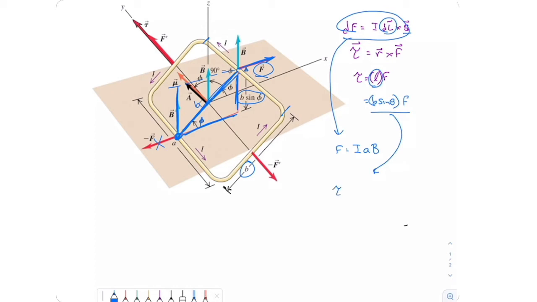And we can say the torque has a magnitude of b sine theta, that's lowercase b, times I A uppercase B. And I'll rearrange this a little bit. I times A b times B sine, I wrote theta before, but it's actually phi in the diagram. So let me change that back to phi.